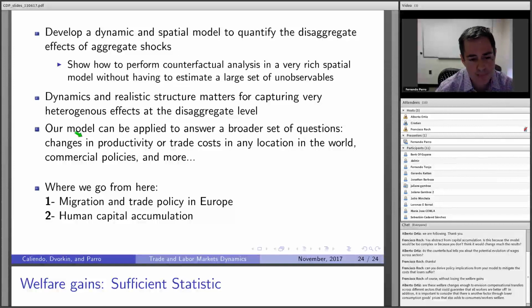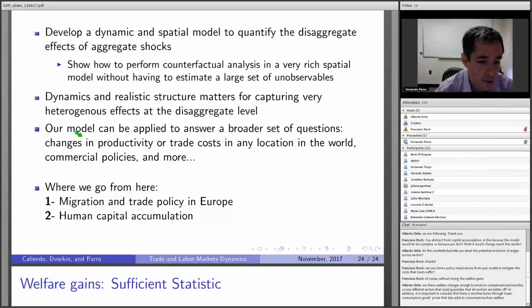Actually, in a recent paper, we have applied the same machinery to study the consequences of the 2004 European Union enlargement, when 10 new member states joined the European Union.